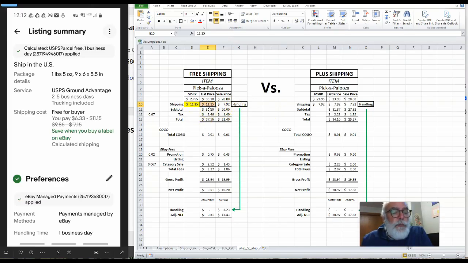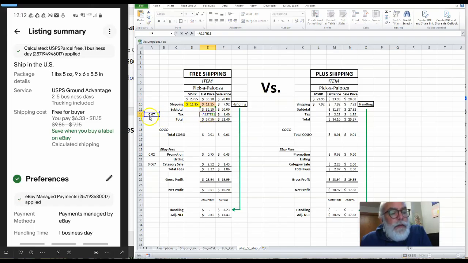As we assume, and this is helpful, right, to have this little calculator so that if we do get an offer, we can look at it and say, okay, well, what if I get an offer, right? Then what? We know that it's still going to potentially cost $11.15 to ship it, but our price might be different, right?